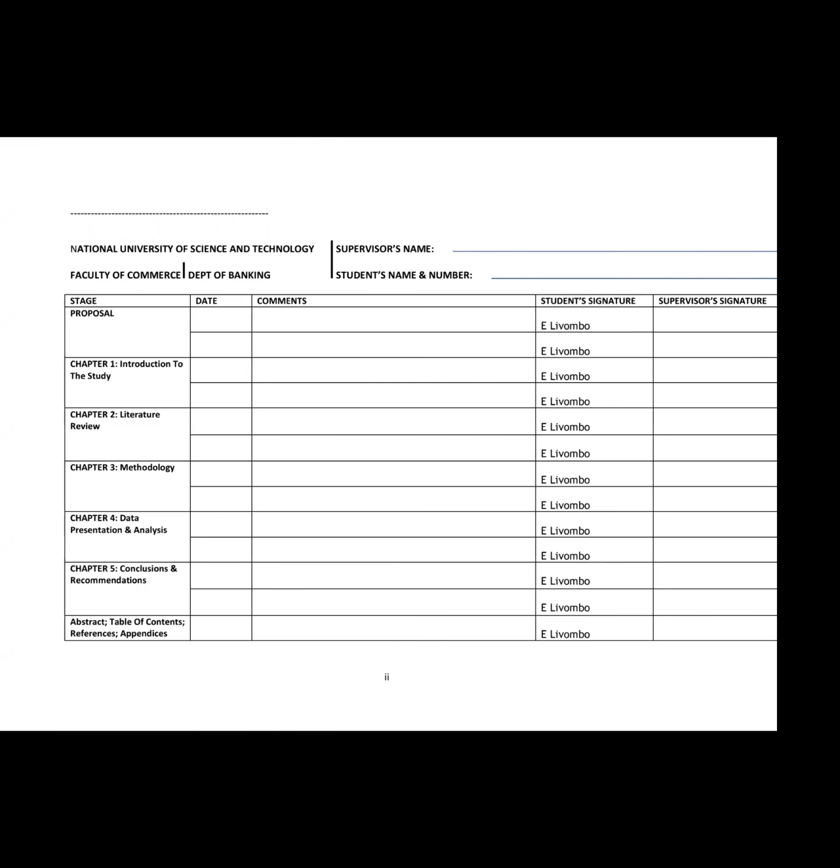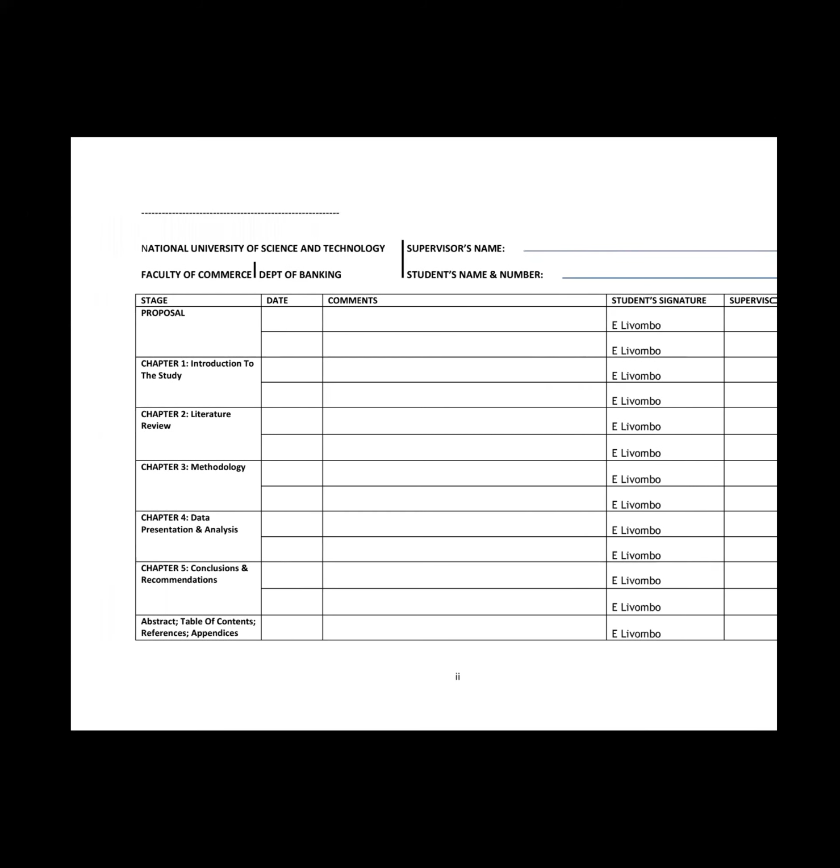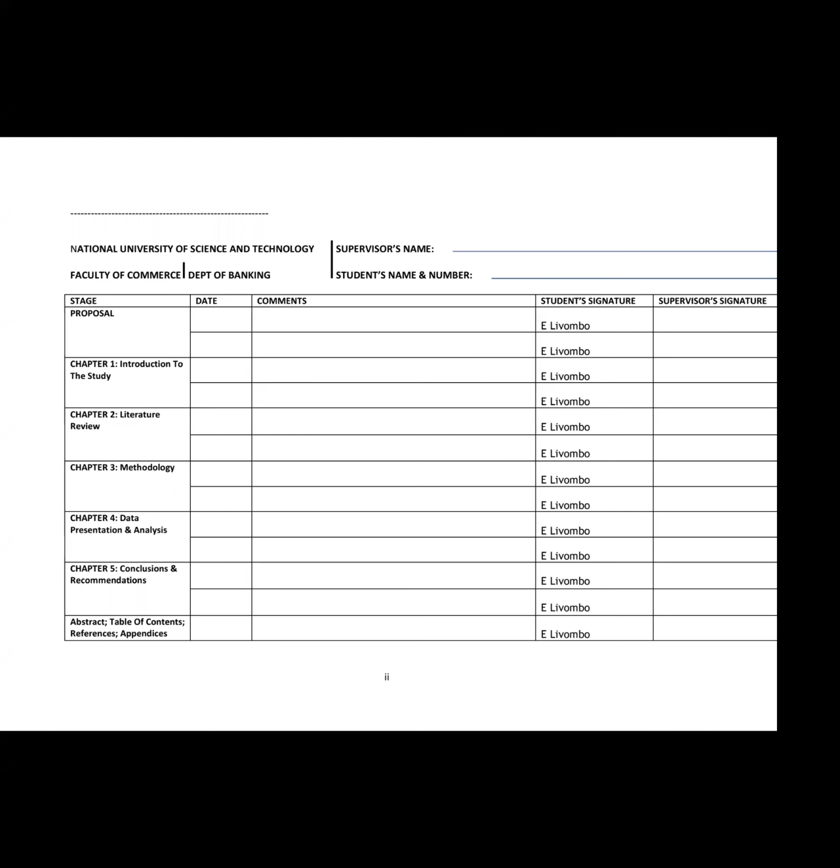And then the next part is page 2, the clearance form, which accompanies the project release form. The clearance form indicates the different components of the research project as to when they were done.